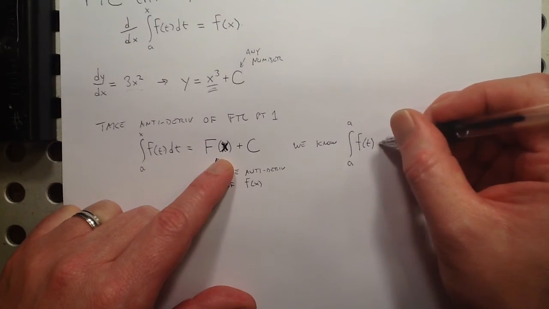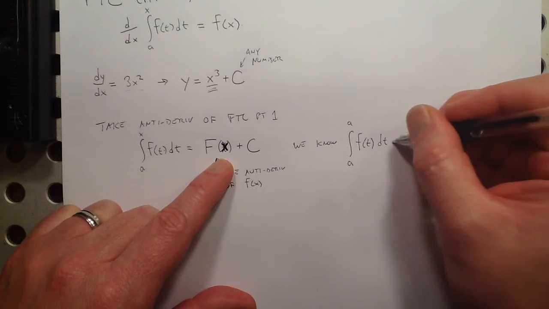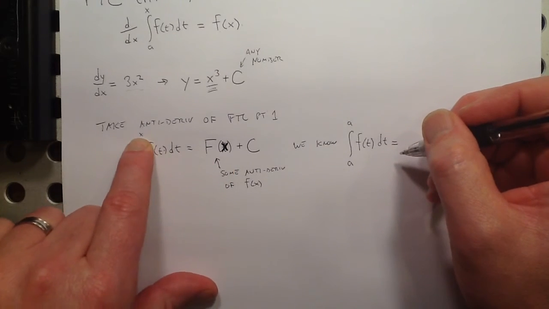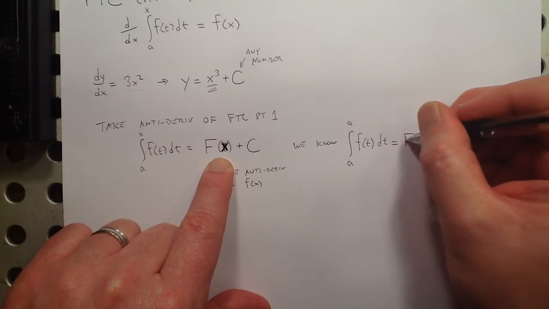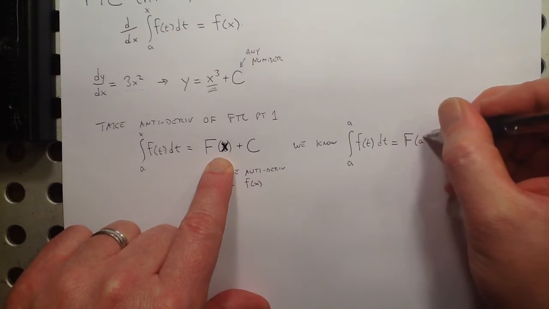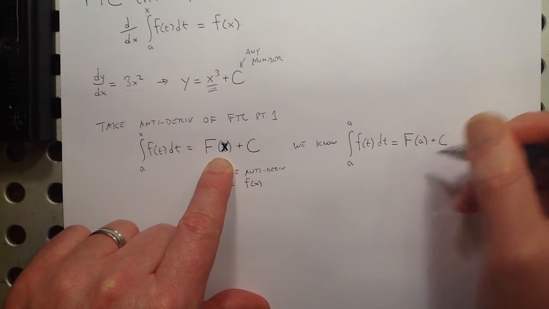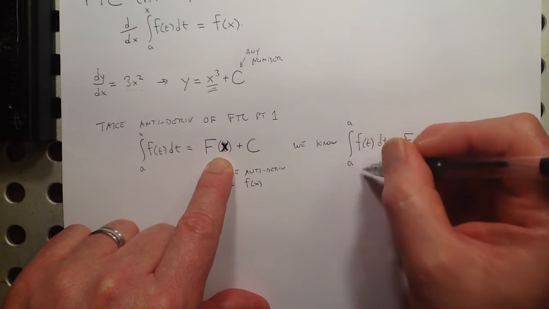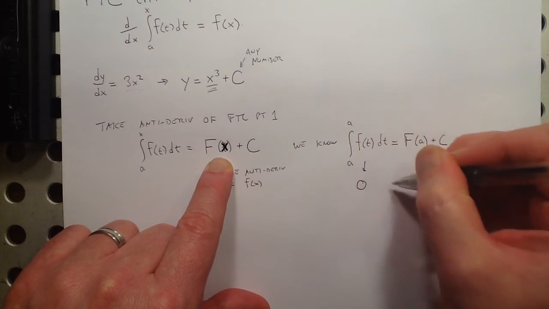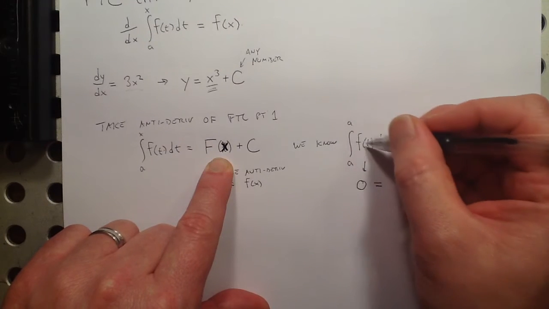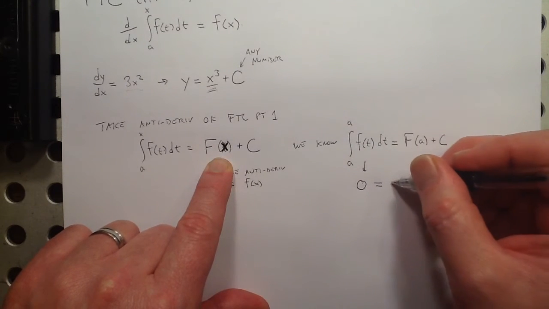So that means the area from A to A of this, well, whatever I plug in here gets plugged in here, right? F of A plus c. But I know that this is 0, right? The area from A to A, for any function, is just going to be 0.